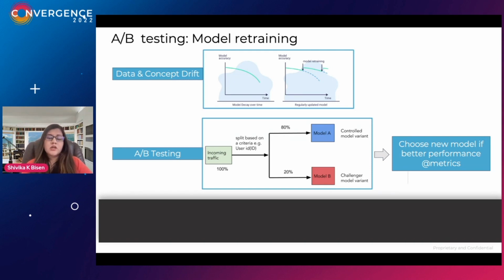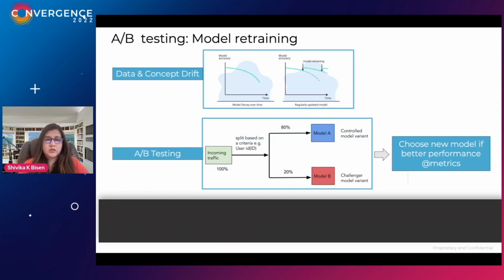This retraining of the model requires some sort of A/B testing, meaning whatever we developed earlier is our model A, and now we developed a new model, which is our model B, and we want to see whether our new model is actually performing better than the previous model. We'll divert 80% of the traffic to our old model and 20% of the traffic to the new model, and see based on a metric.